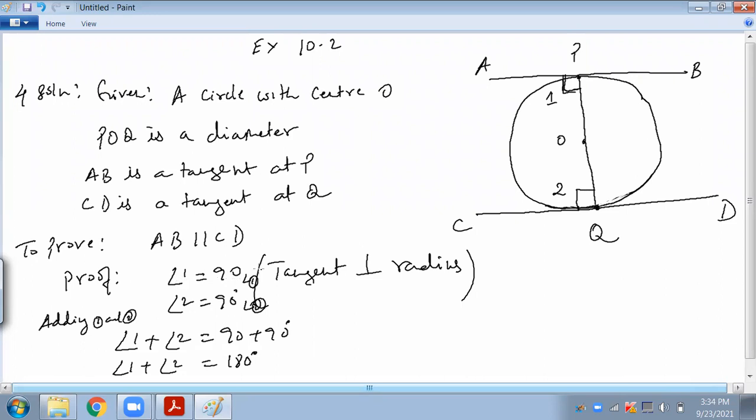Tangent is perpendicular to radius, we marked it 1. Angle 2 is 90, again we marked it 2 because tangent is perpendicular to radius. Now, if you add these two equations together, on the left hand side we'll get angle 1 plus 2, and on the right hand side we'll get 90 plus 90. So angle 1 plus 2 equal to 180.